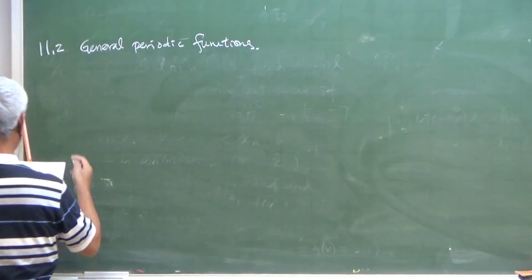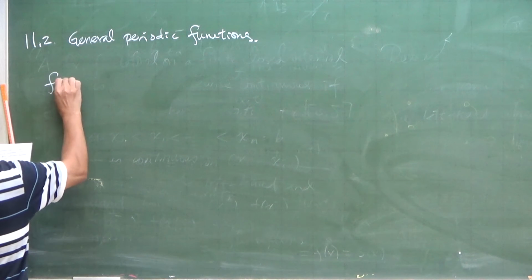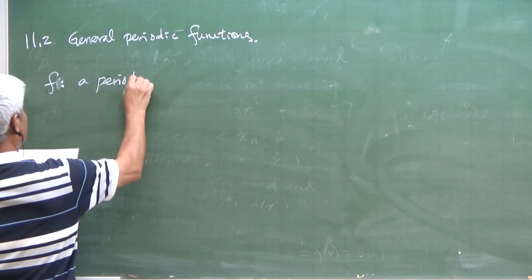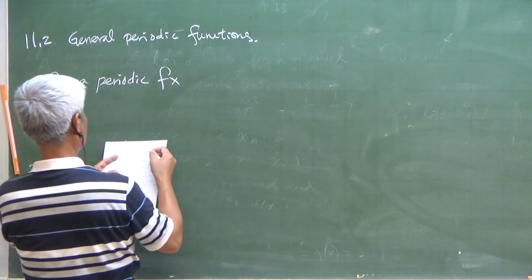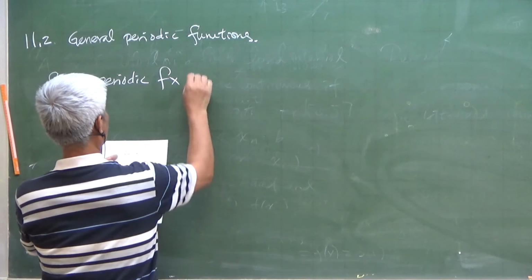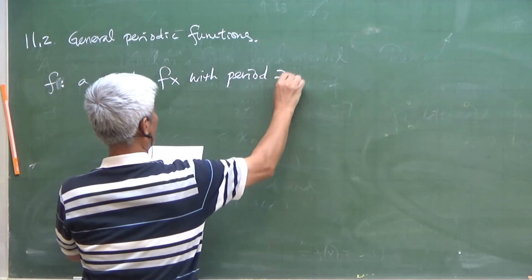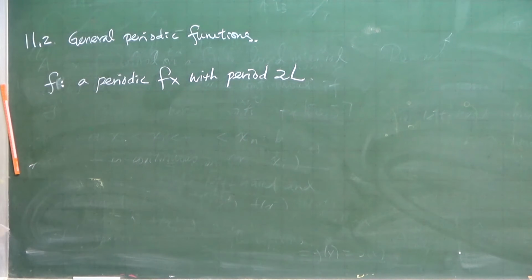Okay, so now f is a periodic function with period 2L, right? So I use 2L, not L, and for some reason later you will see that.